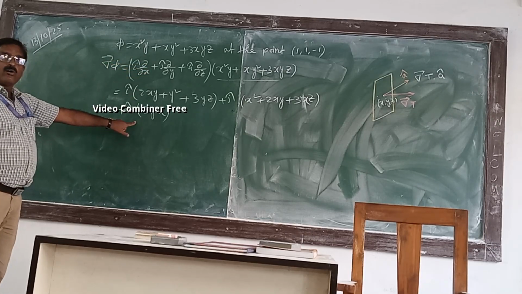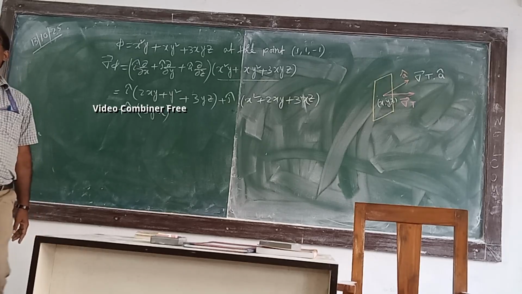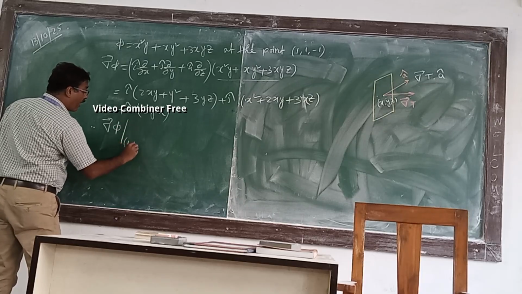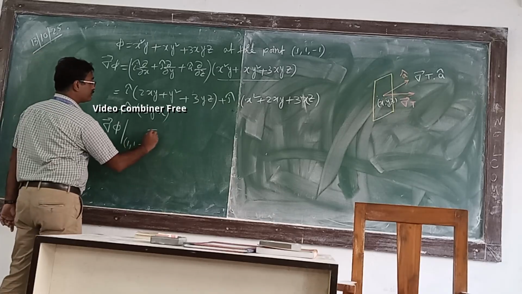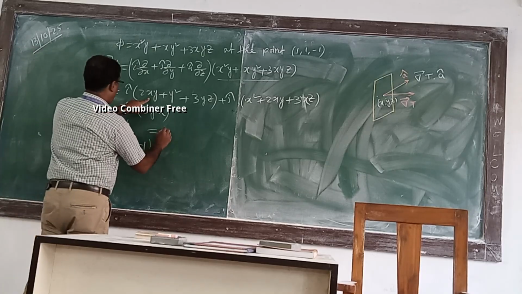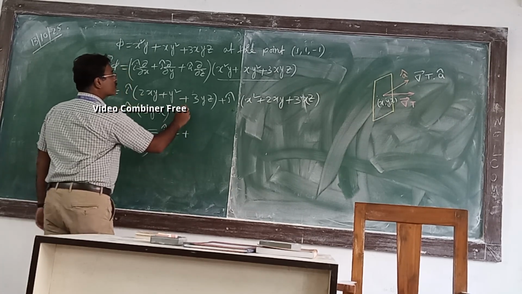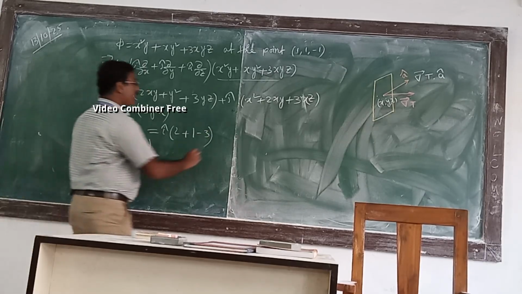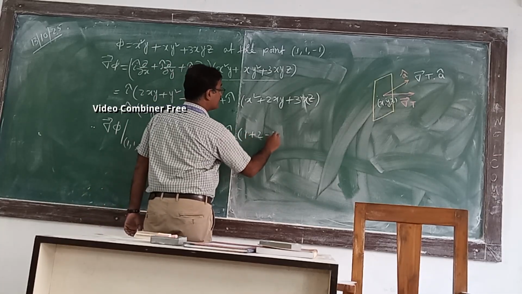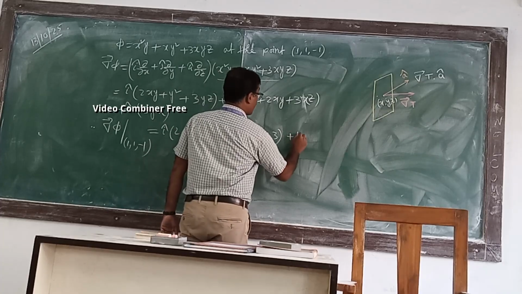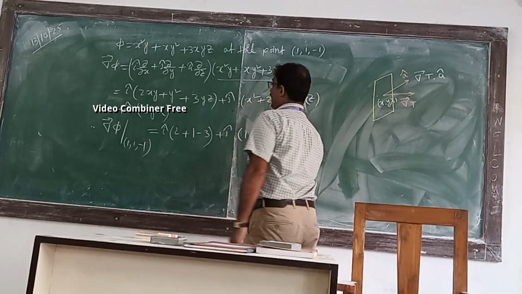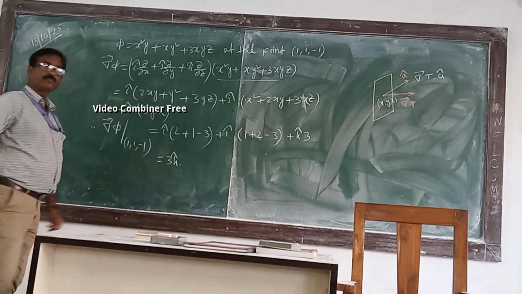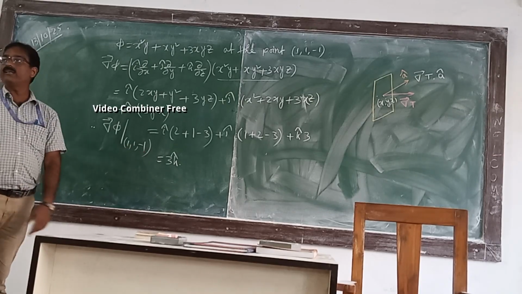So grad phi at 1, 1, minus 1 equals: i cap, 2 plus 1 minus 3, which is 0; j cap, 1 plus 2 minus 3, which is 0; and k cap, 3. So grad phi at 1, 1, minus 1 is 3 k cap.